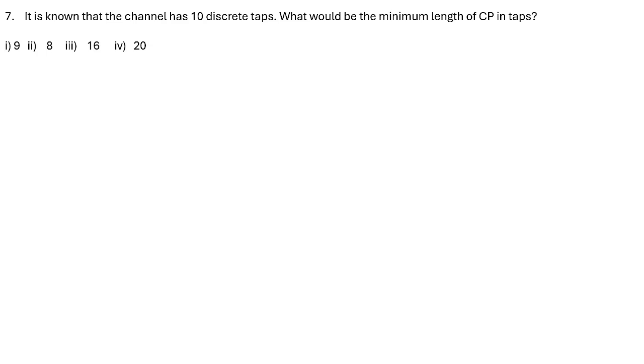We have already seen in previous sessions that taps arise from multipath propagation. A channel having multiple taps is a result of multipath propagation. Why do we say that?